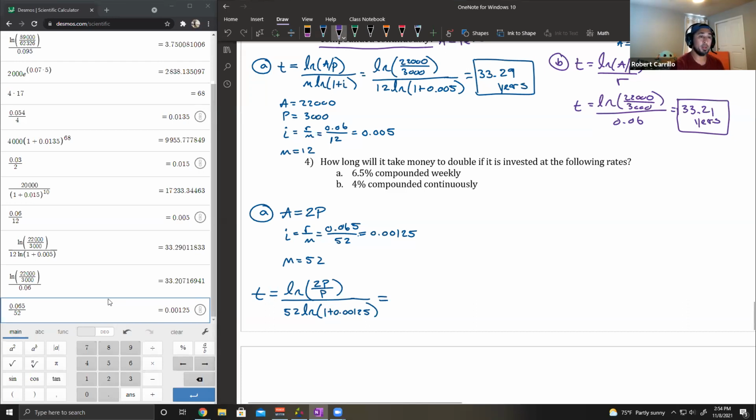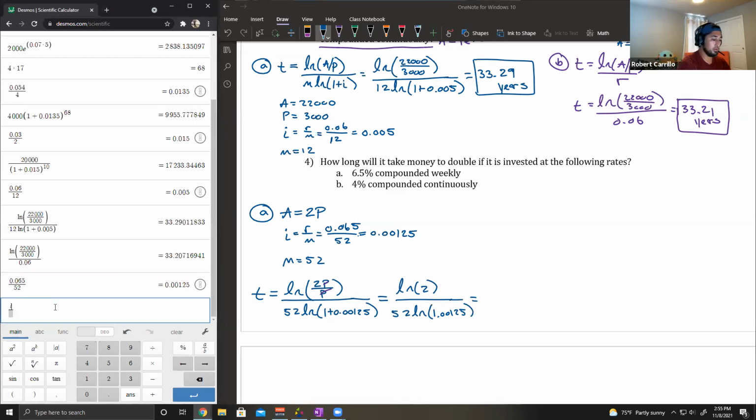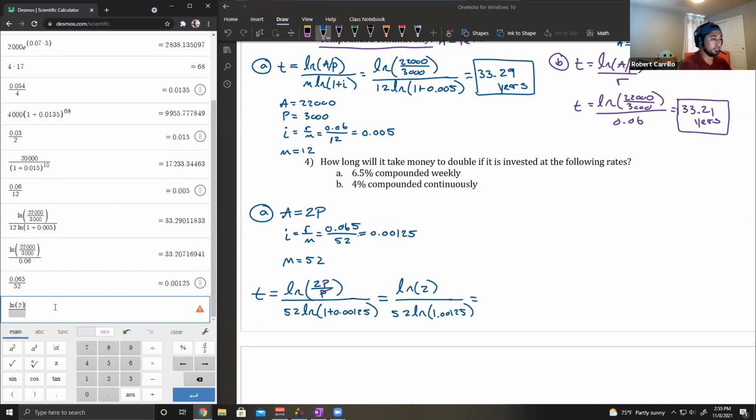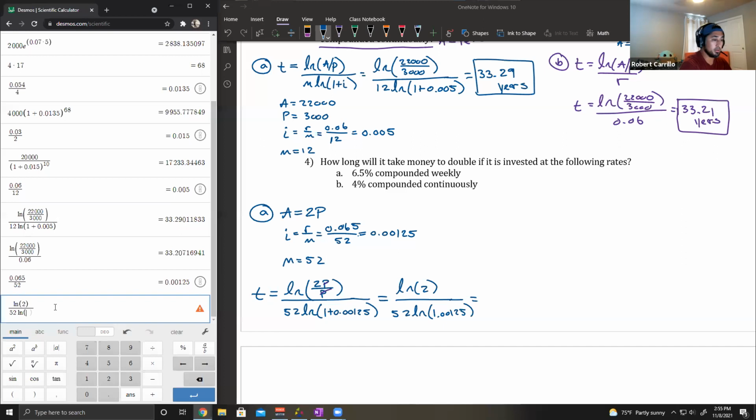Inside, your P's would cancel, and you would just have natural log 2 over 52 times the natural log of 1.00125. Okay, let's check it out. Natural log 2 over 52 natural log 1.00125.